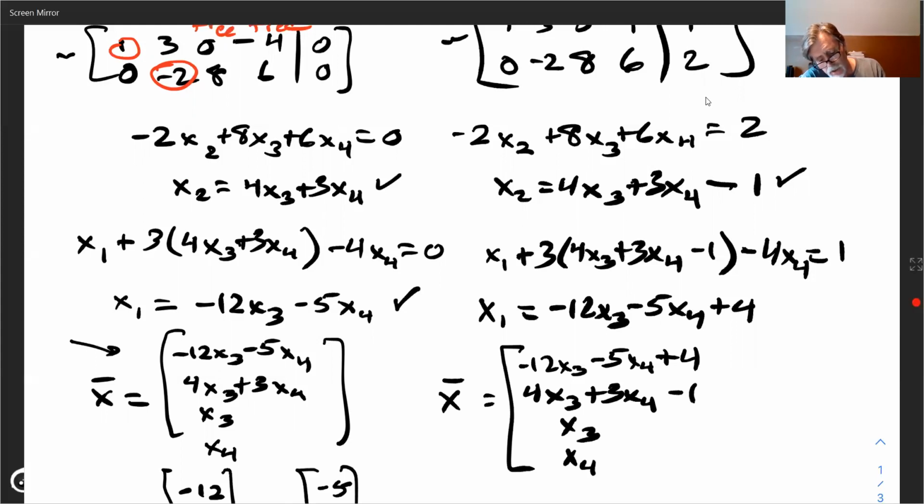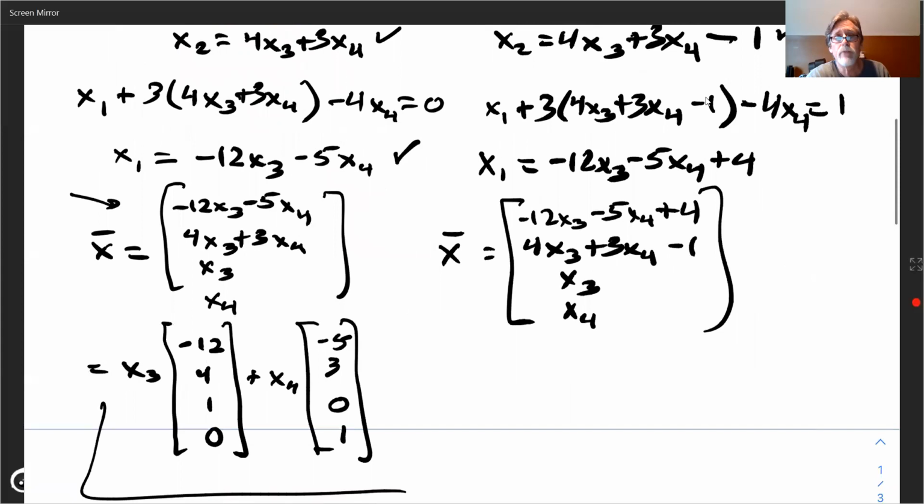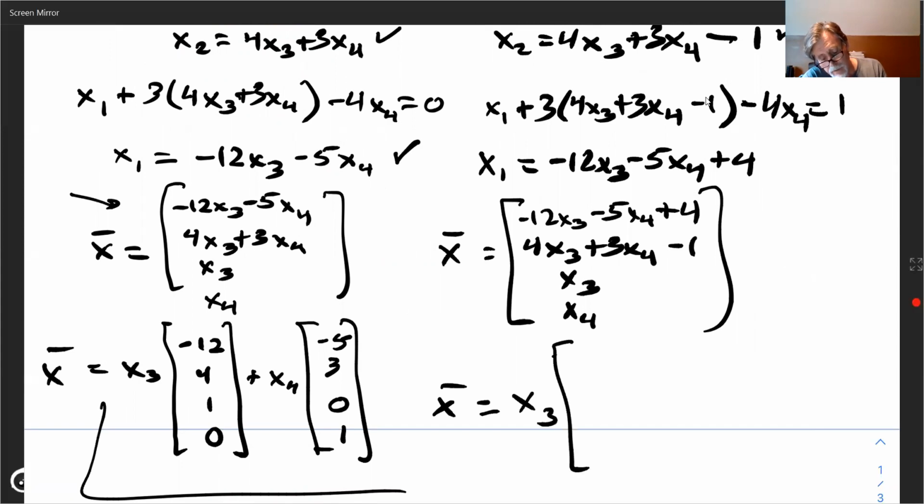And folks, let's write it in parametric vector form and make a comparison. These guys are going to be the same. We're going to say over here we have x equals that, and down here we have x equals an x3 vector, and it's going to be negative 12, 4, 1, and 0. That's identical to over on the left.